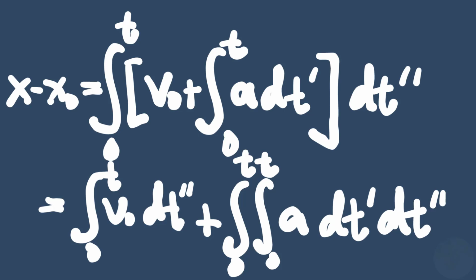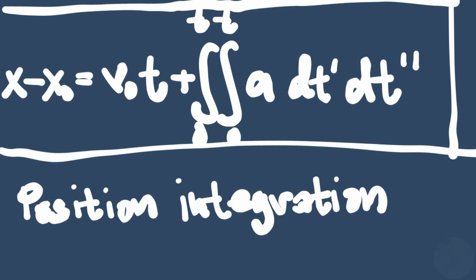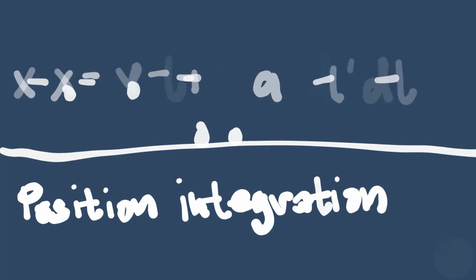Now we have to take note that the expression here, v0 plus integral of a dt prime, is just the expression for the velocity. After simplification, the equation is x minus x sub 0 equals v0t plus double integral of a dt prime dt double prime. This equation is called the position integration.